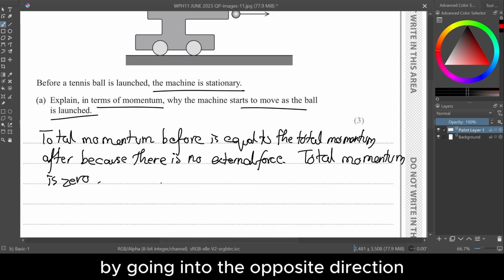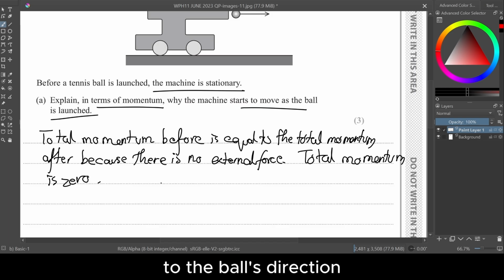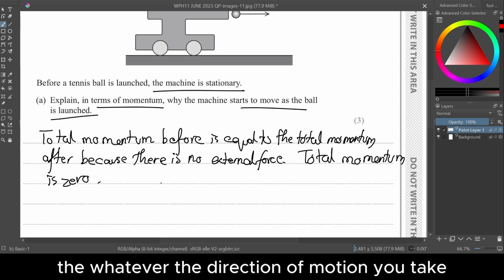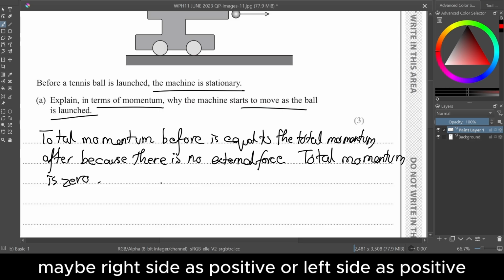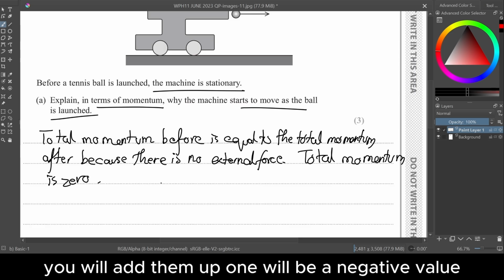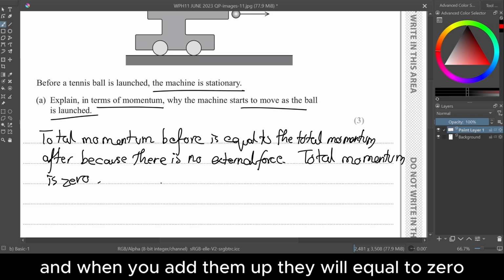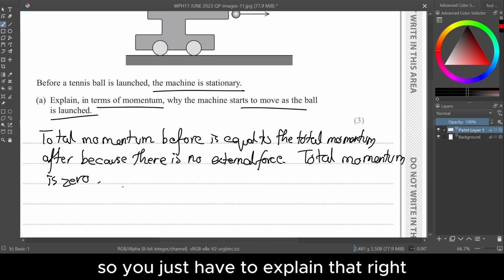By going into the opposite direction to the ball's direction, and when you just basically add them up, whatever the direction of motion you take, maybe right side as positive or left side as positive, you will add them up. One will be a negative value, one will be a positive value, right? And when you add them up, they will equal to zero. So you just have to explain that, right?